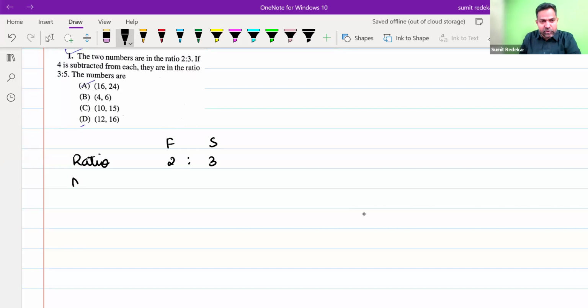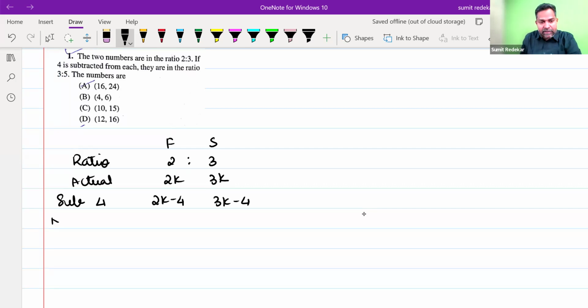2:3. If the ratio is this, then can I say the actual values are 2k and 3k? If 4 is subtracted from each number, the first number becomes 2k minus 4, the second number becomes 3k minus 4.